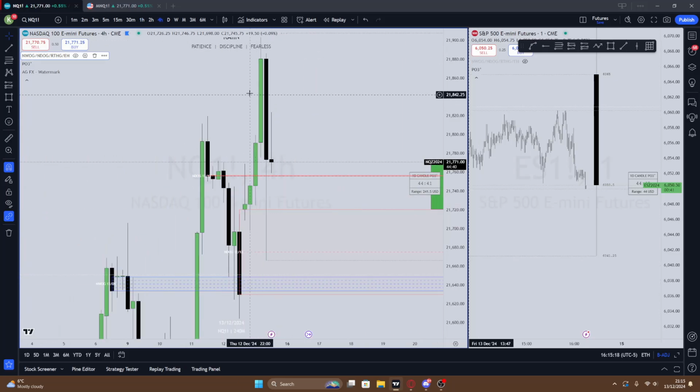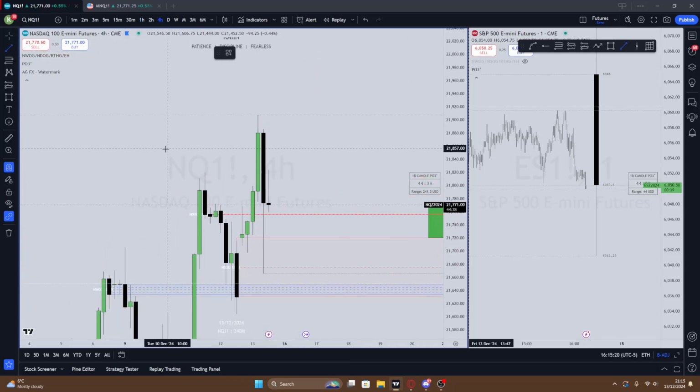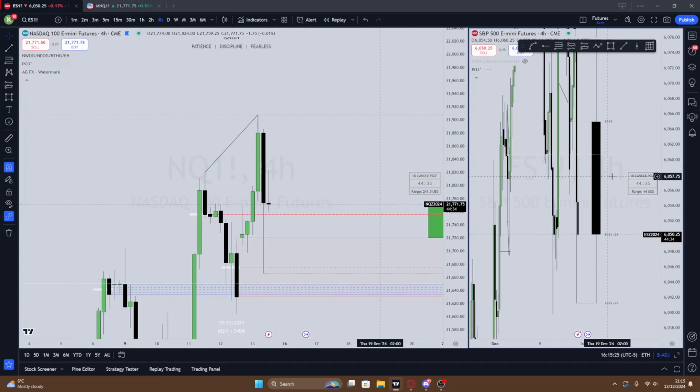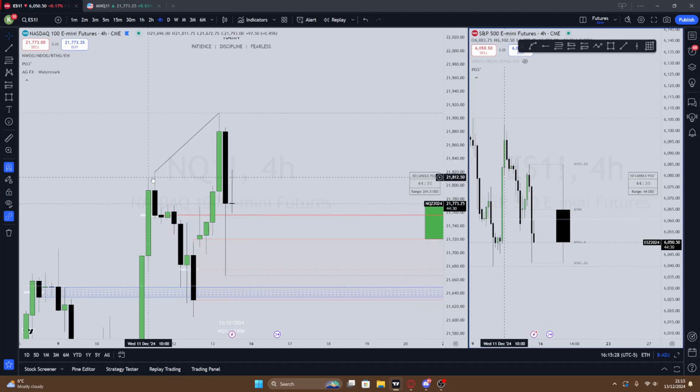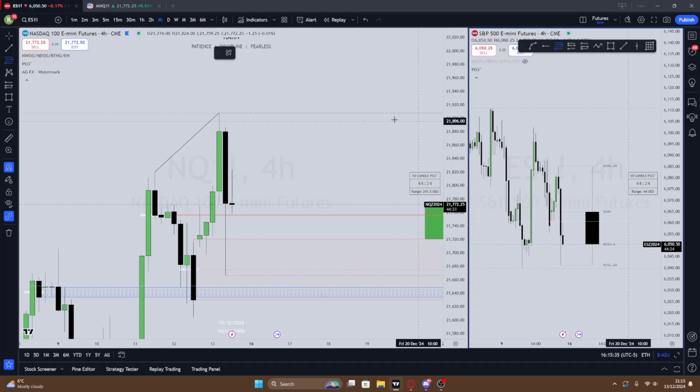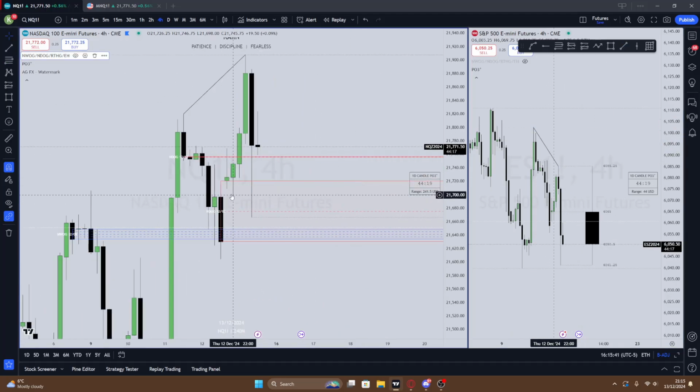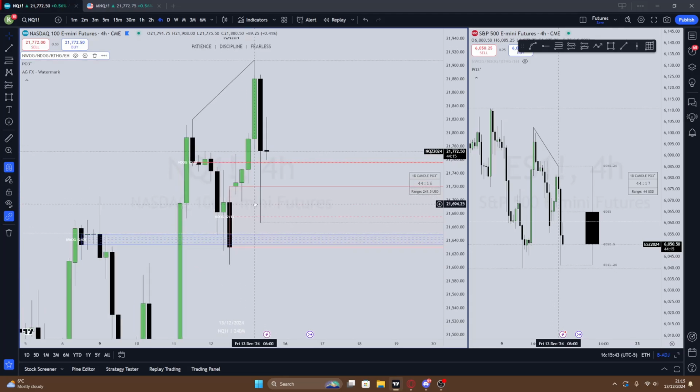So on the higher time frame, 4 hour, we get an SMT here. Here's the SMT. Took out this high and didn't take it out on ES. Now that was the most recent version of SMT, so that's the one that we want to focus on instead of the ones that are older.